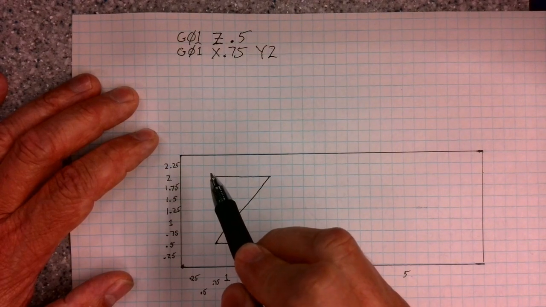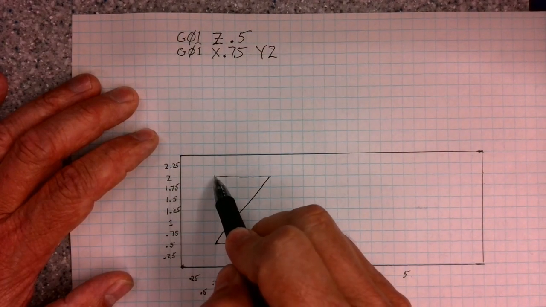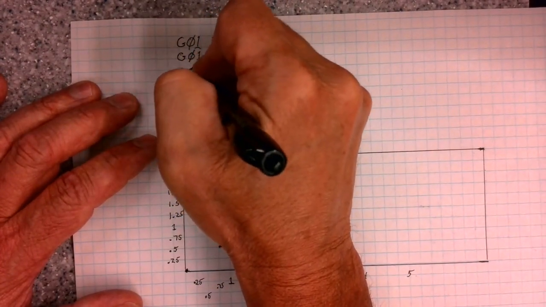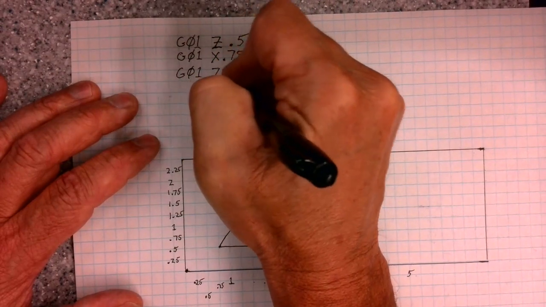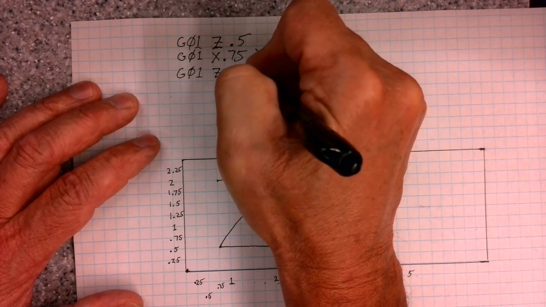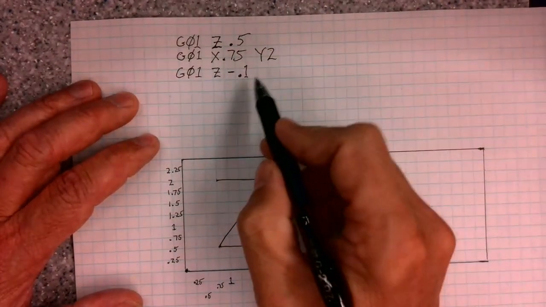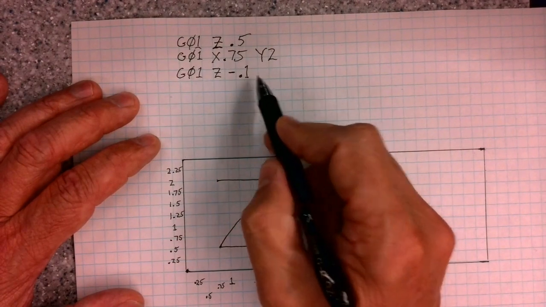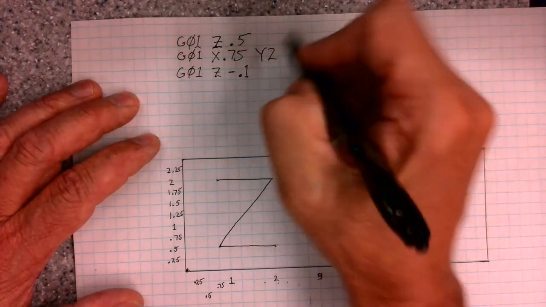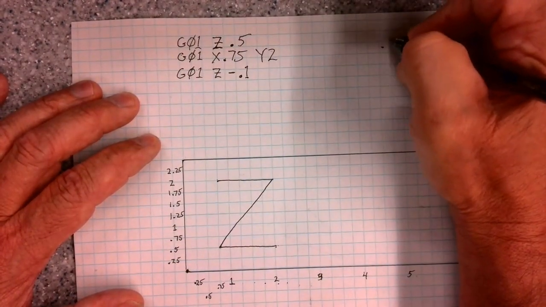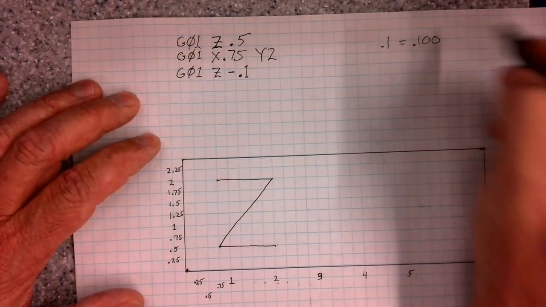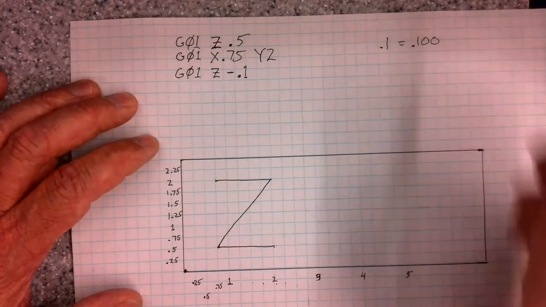Now we need to bring it down, for instance, bring the pen down to touch the page. G01, Z negative 0.1. We are just going below the surface 1/10 of an inch, or in machinist talk, 100 thousandths of an inch, which equals 0.1 equals 0.100. We read that as 100 thousandths of an inch.